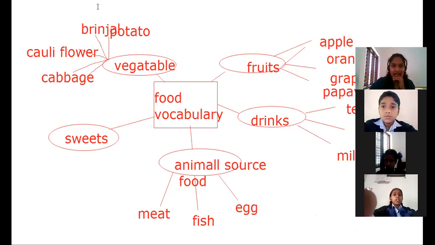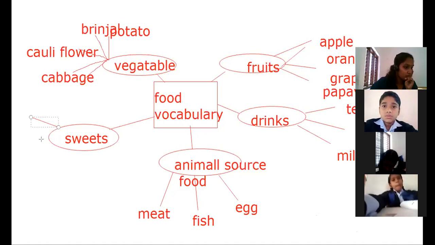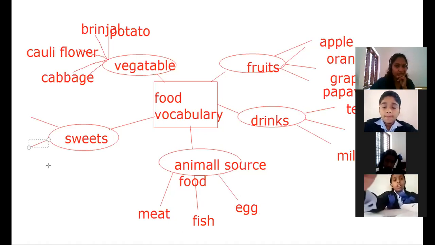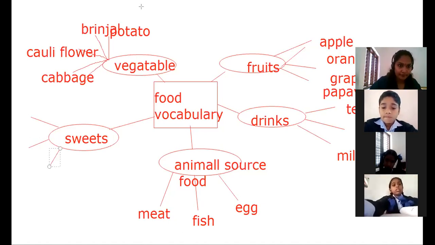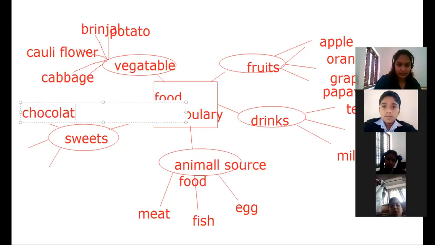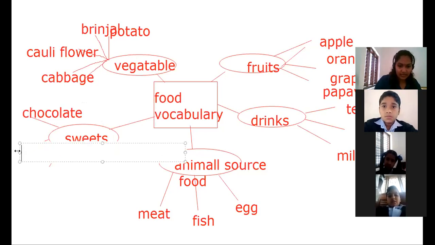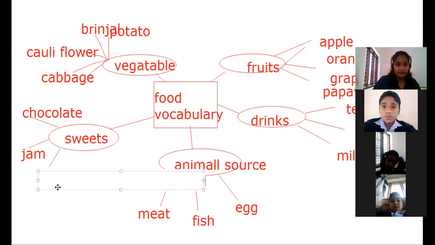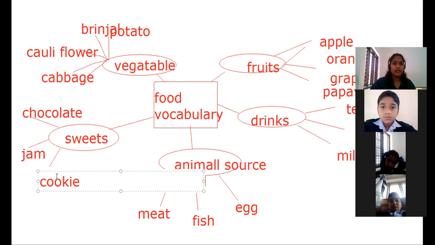And sweets, we have chocolate, laddu, the things you told me in that class. Chocolate, cookie, jam, cookie.